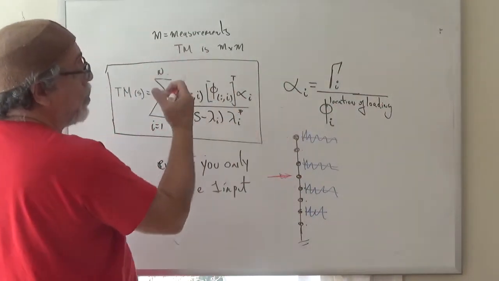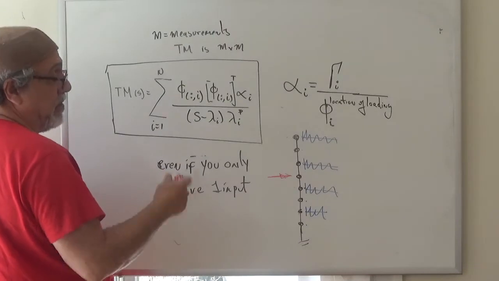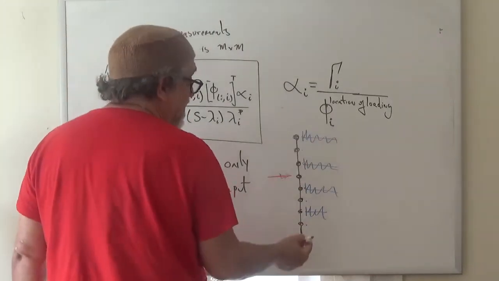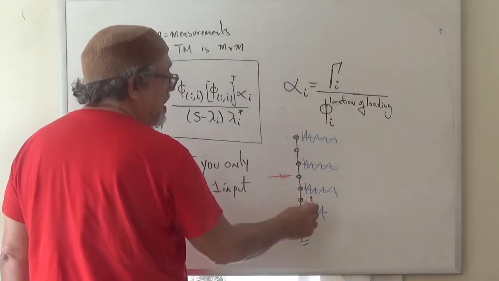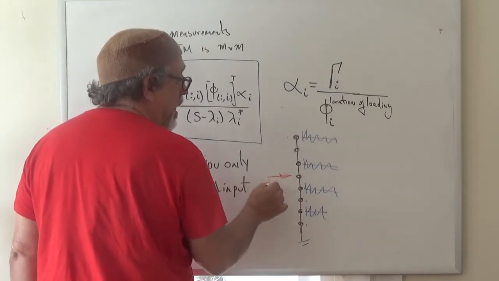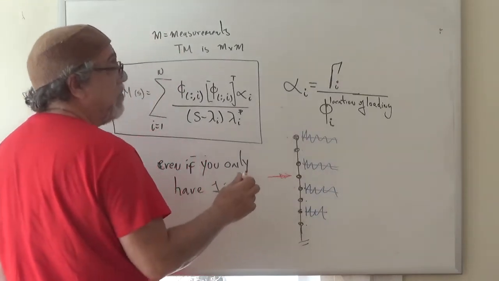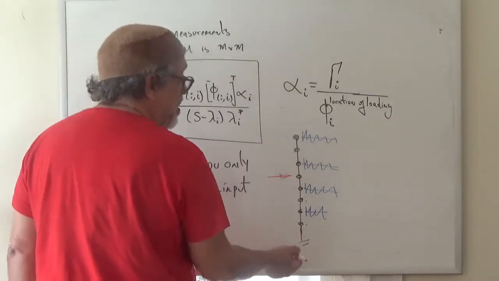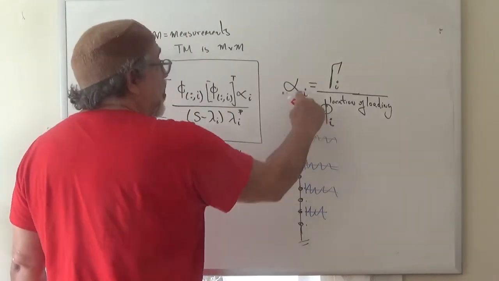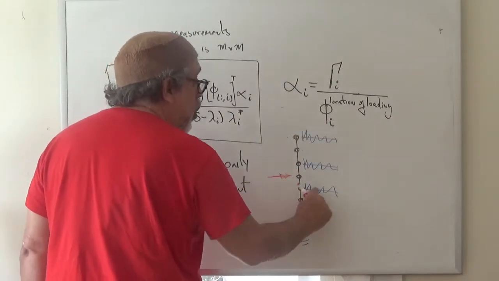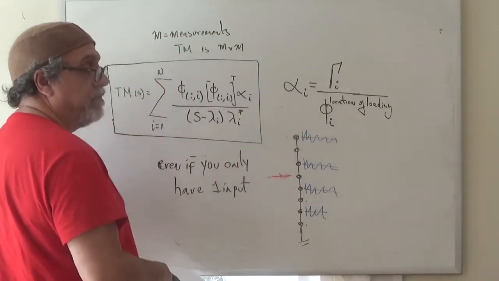I'd have to go back to the original general formula, and in this case all I would be able to find would be a matrix that is 4 by 1. So it is very important when one does testing of this nature for the input to be collocated with one of the outputs. Okay?